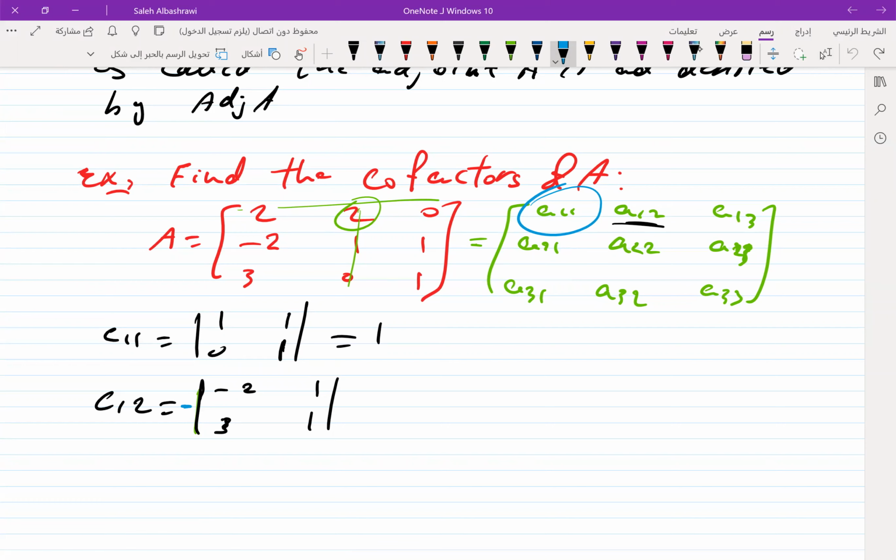The cofactor signs alternate: plus, minus, plus, minus, plus, minus, like this. So C12 is negative the determinant of minus 2, 1, 3, 1, which is equal to minus, minus 2 minus 3, which is equal to 5.